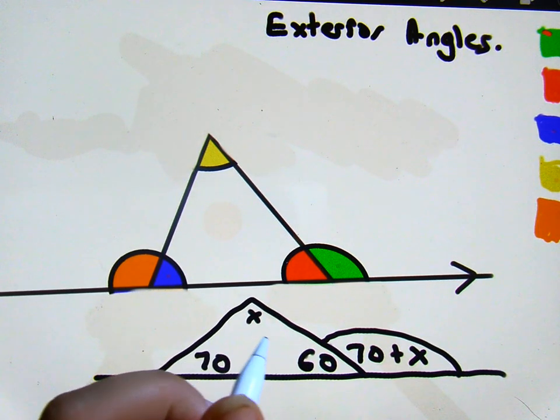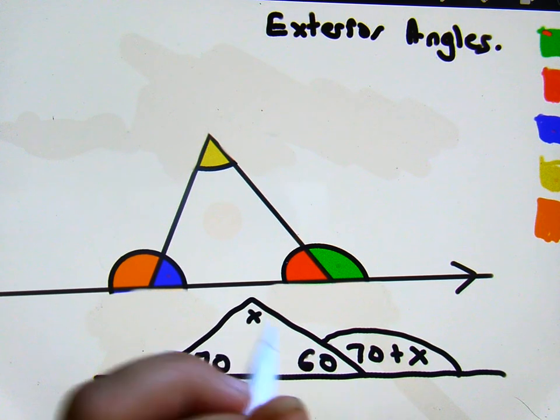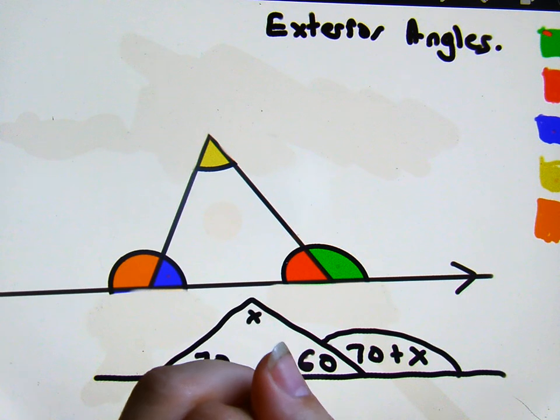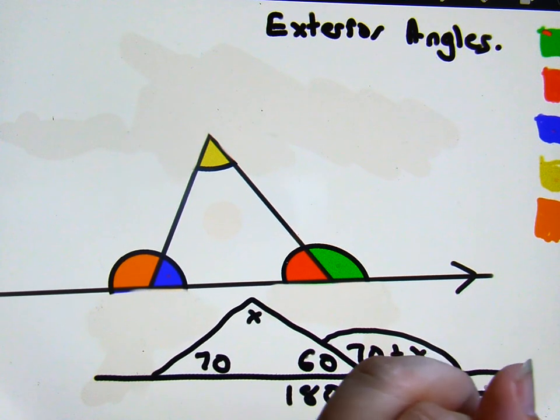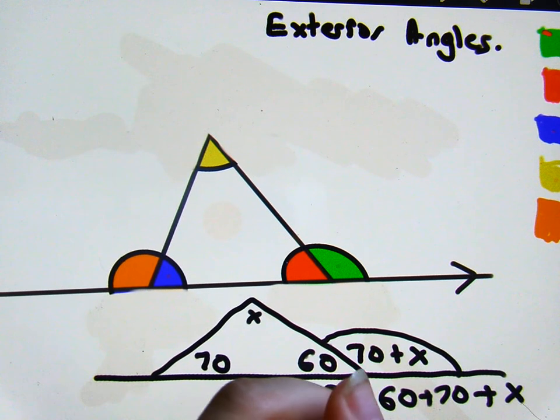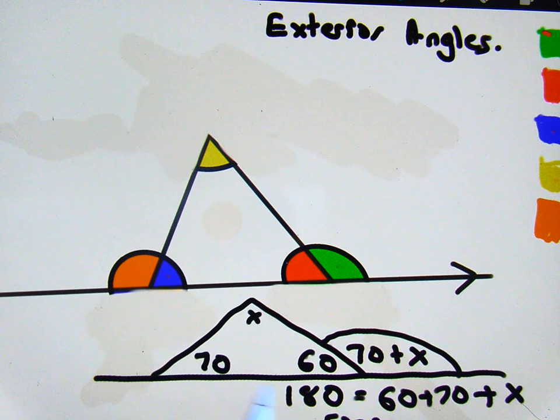So 70 plus 60 is 130, subtracted from 180. So x equals 50.